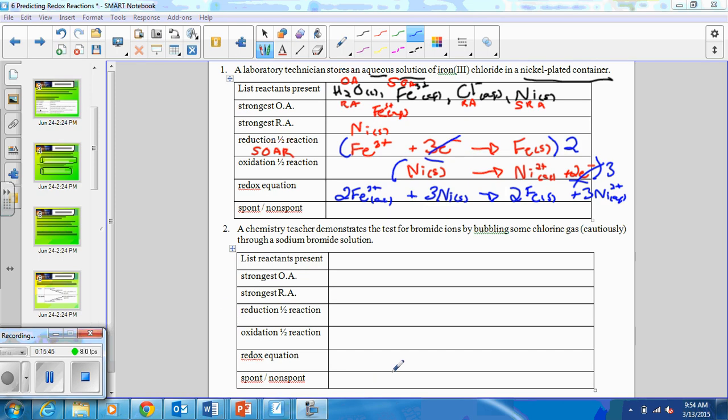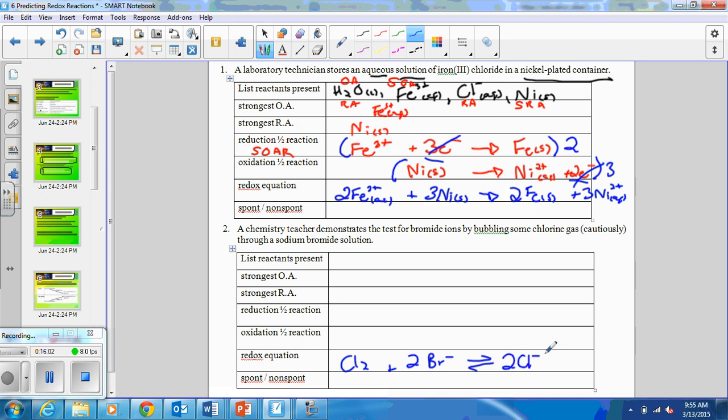If you try the example on the next page, example 2, you should come up with a net reaction of Cl2 plus 2 bromide ions. This is going to give you 2Cl- plus Br2 liquid.